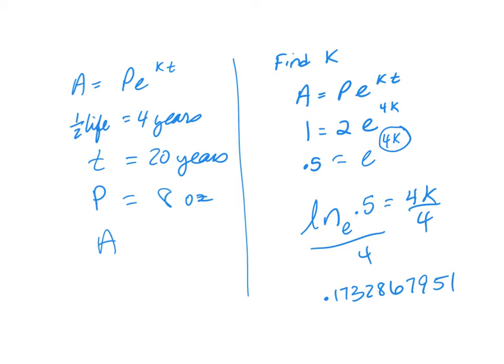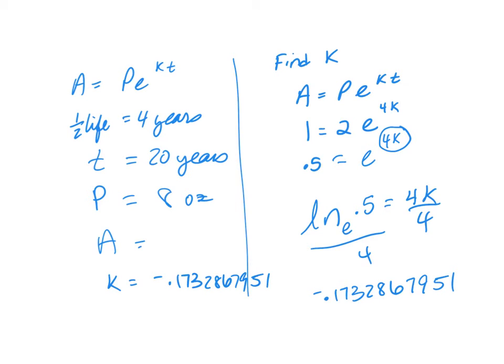Okay? So your k, we're not going to round k. The more you round k, the more invalid your answer is going to be because it's going to be a really weird decimal. It is a negative. So k equals negative 0.173286791.